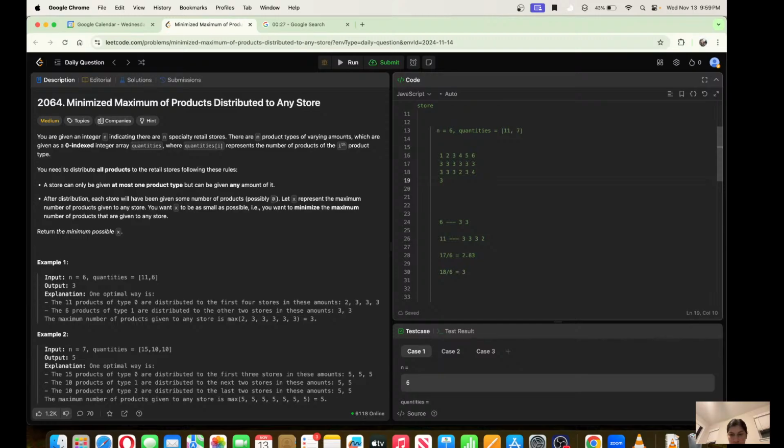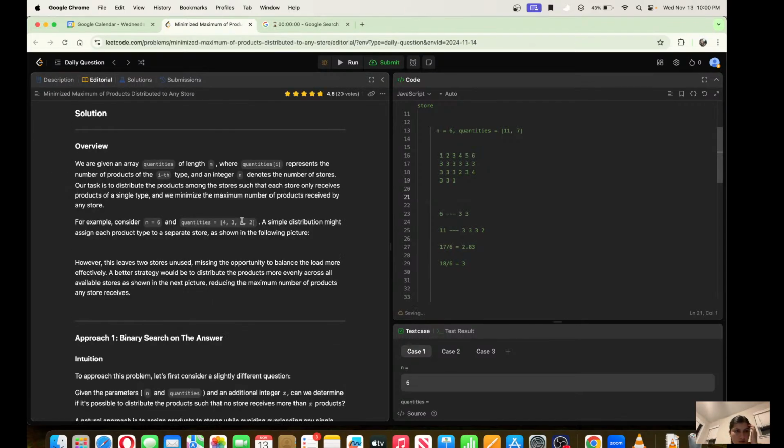Or I could have done 3 3 and 1, but that is not a good approach, because if I had done 3 3 1 for 7, then 11 divided by 3 is 3. 3 2 is 6. 3 3 is 9. 3 4 is 12. 3 point something. So 1 would be 3 and 1 would be 4. Yeah.